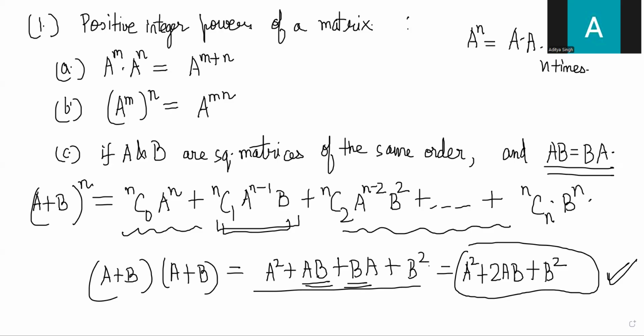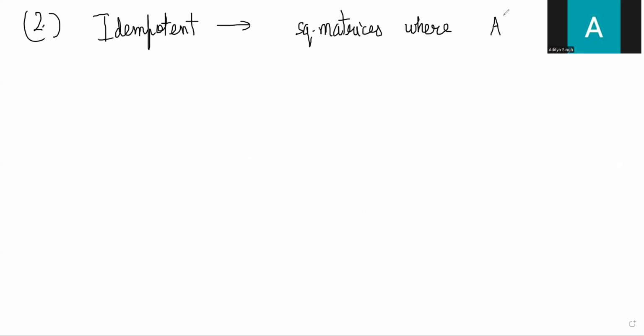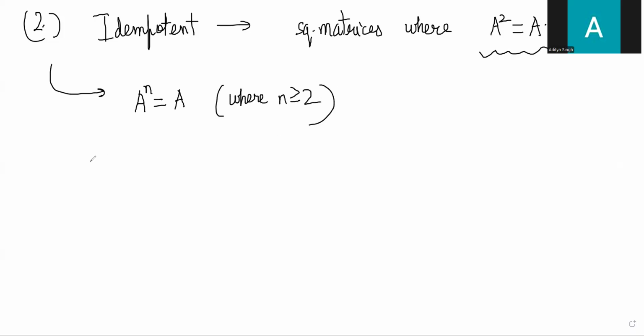Yes. Okay, now some special matrices. First one is idempotent, which is defined for square matrices where A square is equal to A. Now here, if A square is equal to A, if you know that it is idempotent, then you can automatically say that A power n is also equal to A, where n is greater than or equal to 2, right?